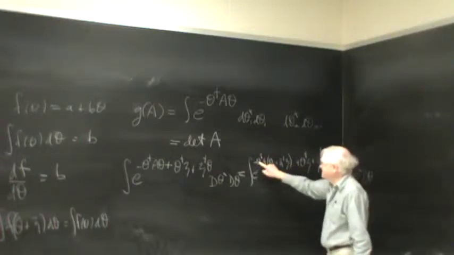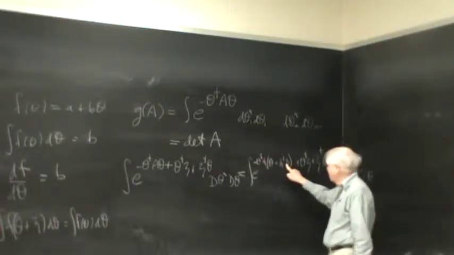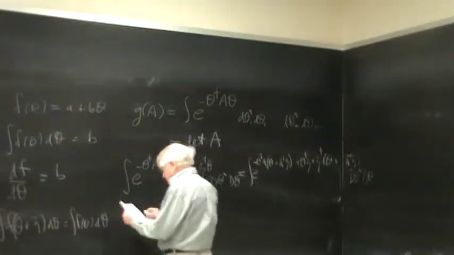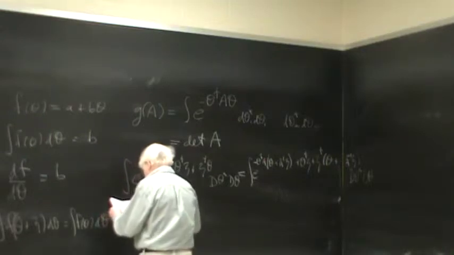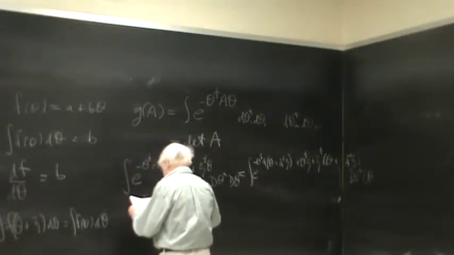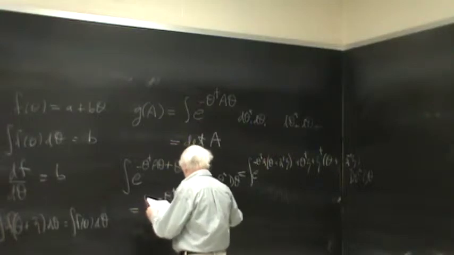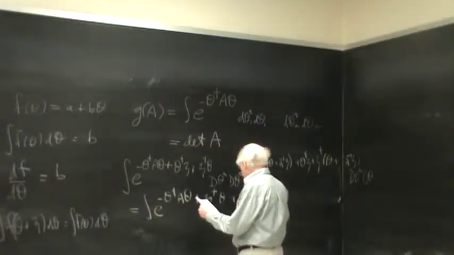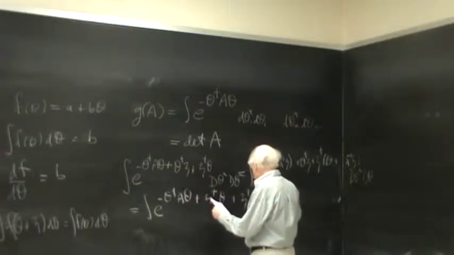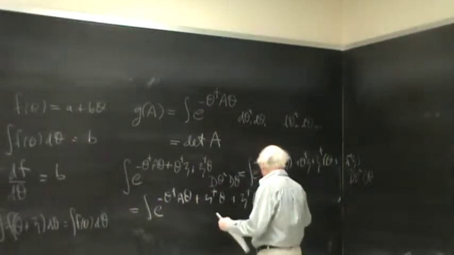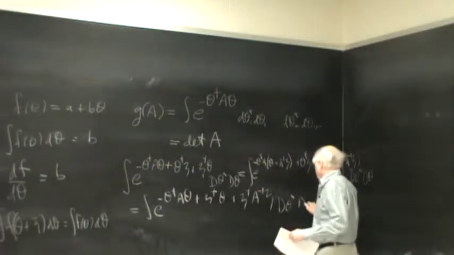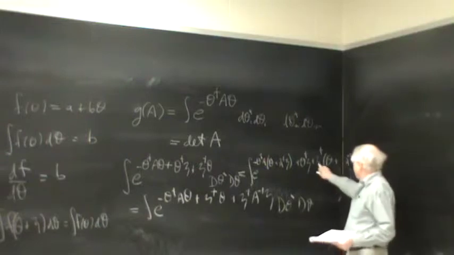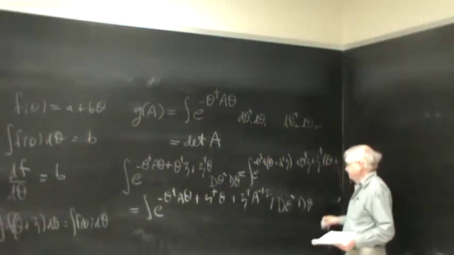So this is minus theta dagger zeta. That cancels this one. So this is then equal to e to the minus theta dagger A theta plus zeta dagger theta plus zeta dagger A inverse zeta d theta star d theta, where the last term came from this times that.